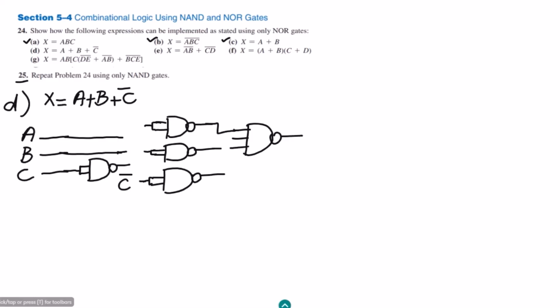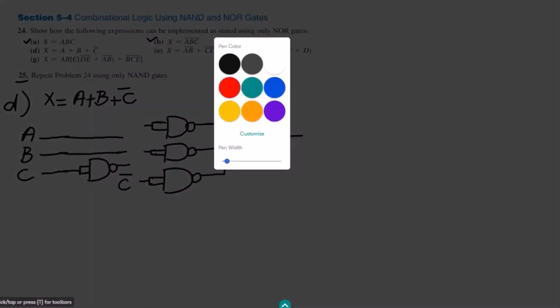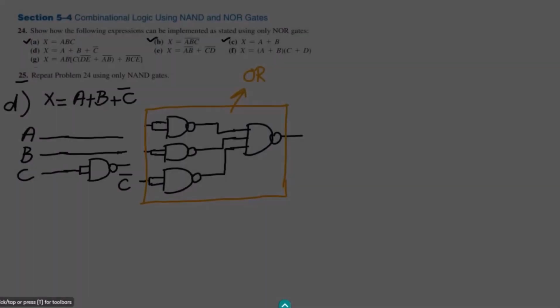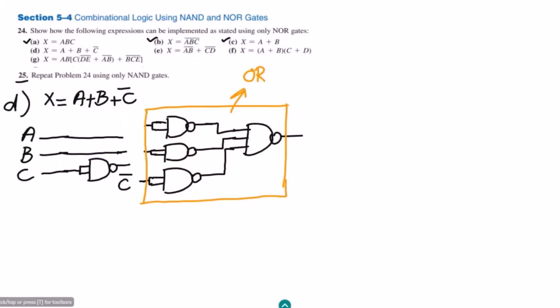So what is this? This is the OR gate, and let me draw it. This is a box in which we have the NAND implementation of a 3 input OR gate. Let me apply these inputs to it.